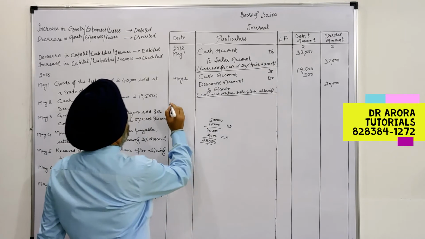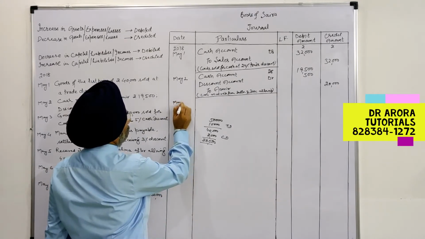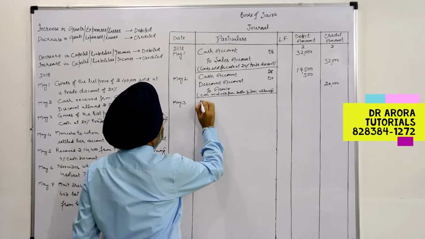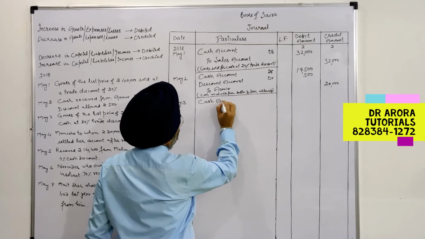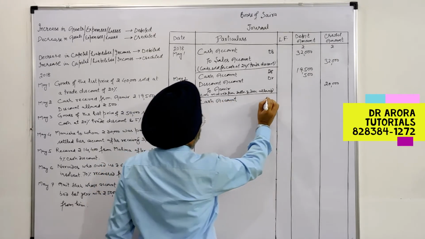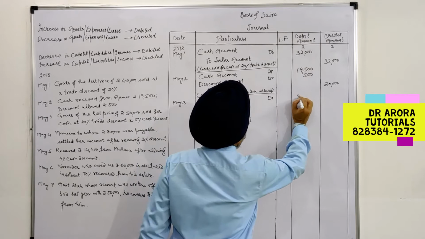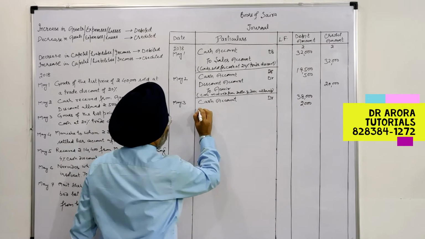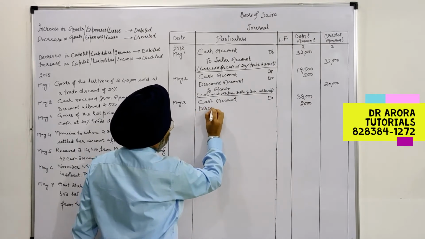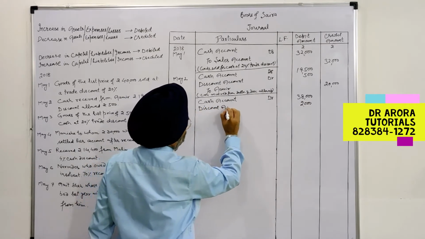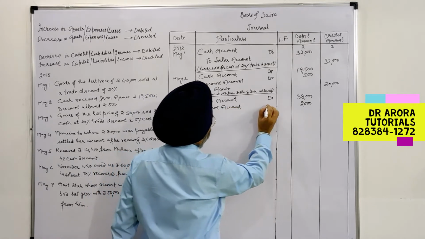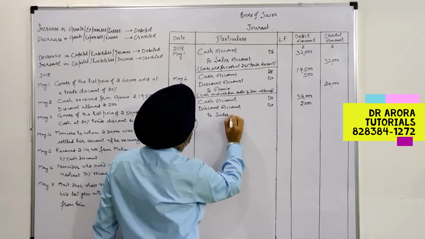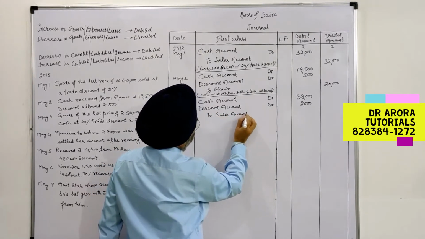So on May 3rd, cash received, increase in asset, 38,000 and 2,000 discount is allowed. Cash and discount always come on the same side. Either both will be debited or both will be credited. And sale, net sale was rupees 40,000.